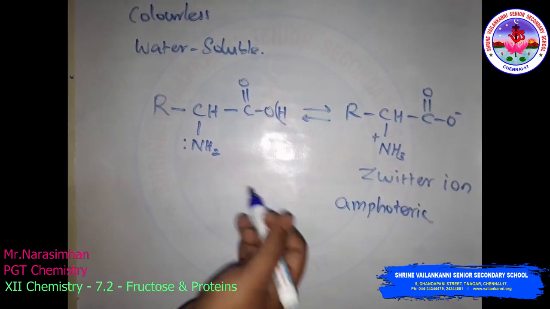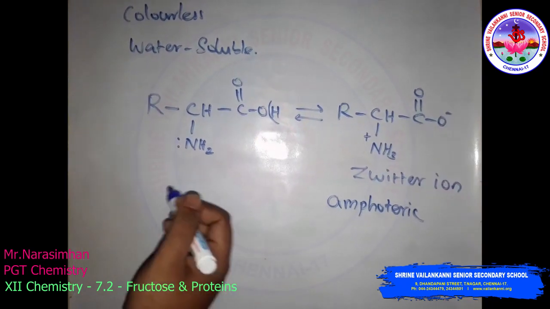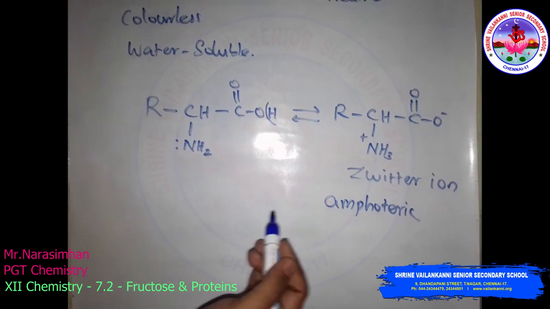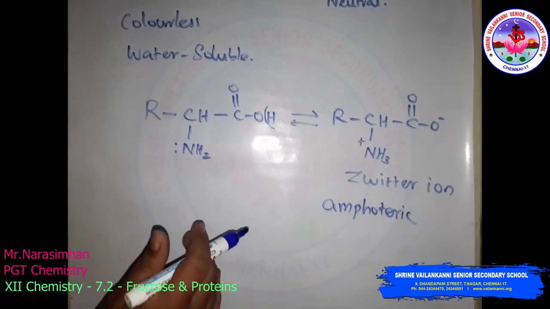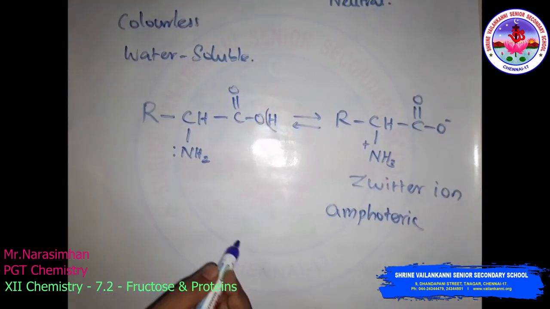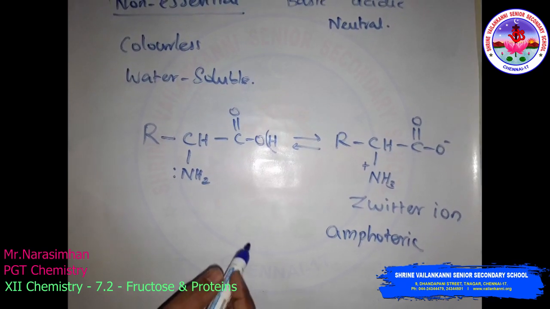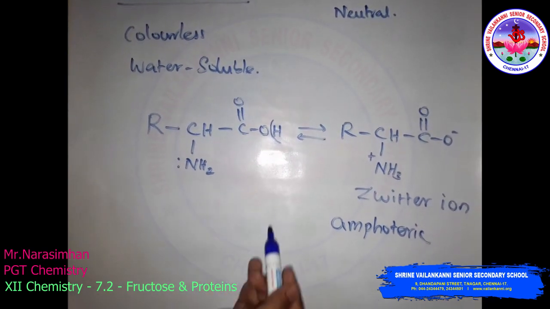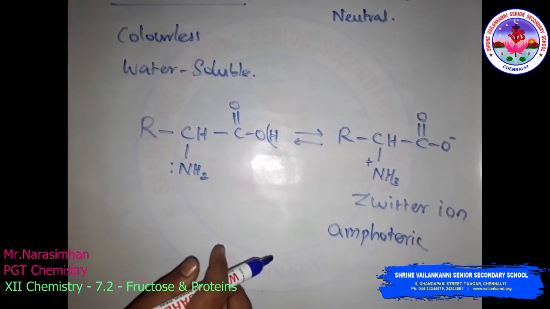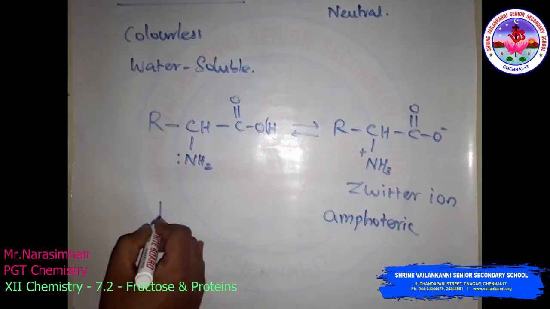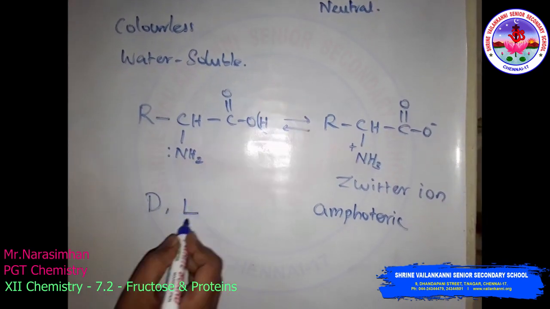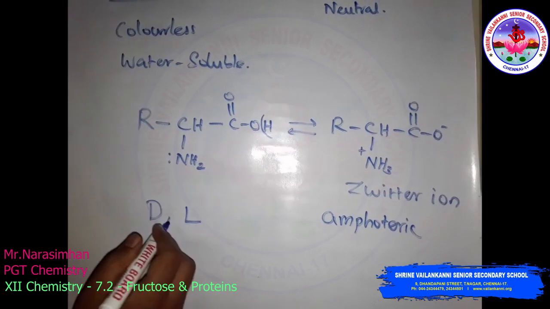Except glycine, all other naturally occurring alpha amino acids are optically active because they have a chiral center. The alpha carbon atom is asymmetric, also called chiral, and they exist in both D and L forms, D configuration and L configuration.